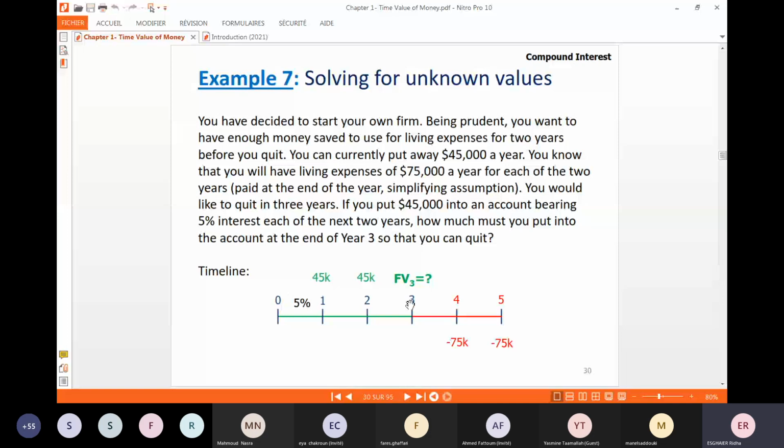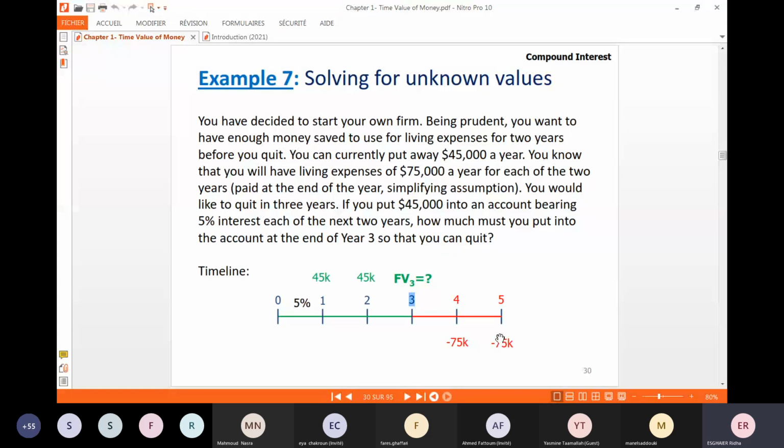So here in this case, the date 3 represents a future date for an amount that we will save at the date 1 and the date 2, and it represents a present date of a present value for the date 4 and the date 5, for the minus 75, minus 75.